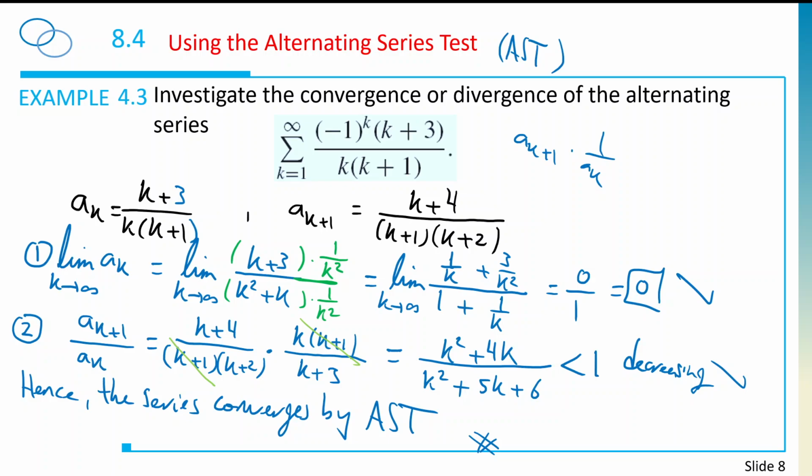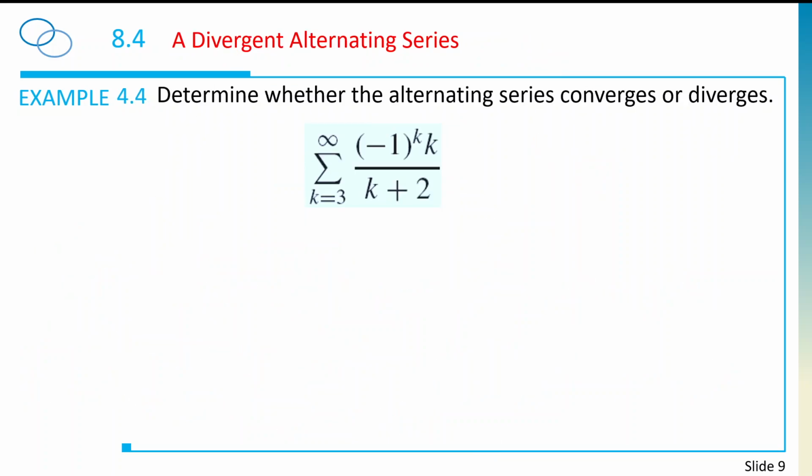Let's see what we have next, if we have one additional question. One more. It's again an alternating series, and I need to check if it converges or diverges. Okay, I'll prepare. So what's a_k in this case? In this case, it's k over k plus 2.